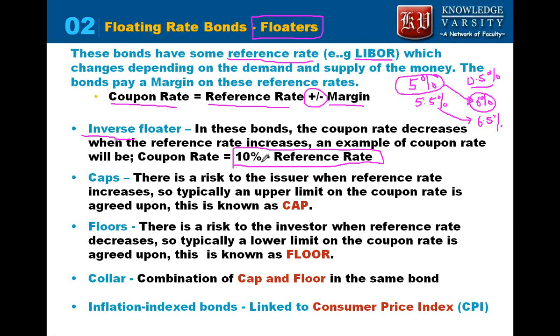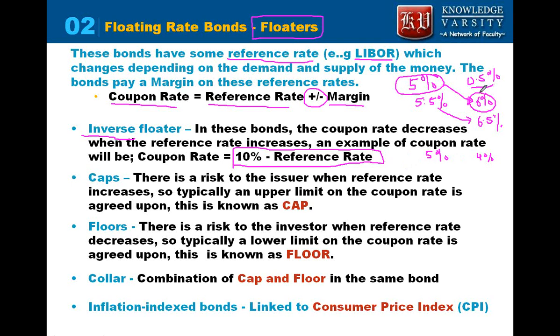When the reference rate was 5%, the coupon rate was 5%, 10 minus 5. But when the reference rate becomes 6%, the coupon rate becomes 4%. So here the coupon is decreasing when the reference rate is increasing.